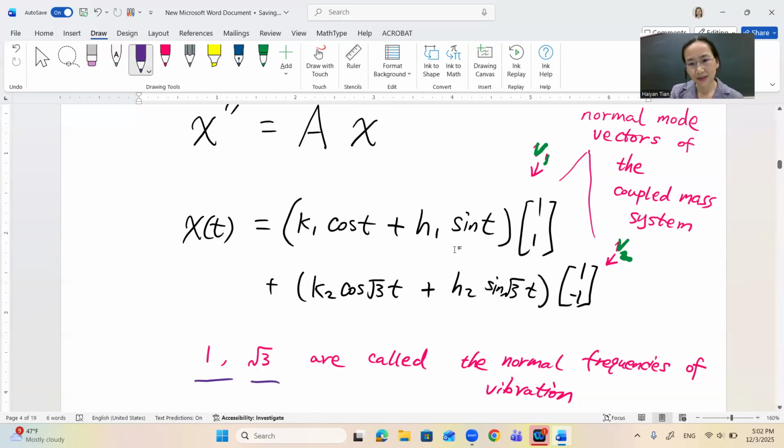So by looking at the general solution, we recognize the solution of the system has two normal frequencies, and also a superposition using the normal mode vectors.